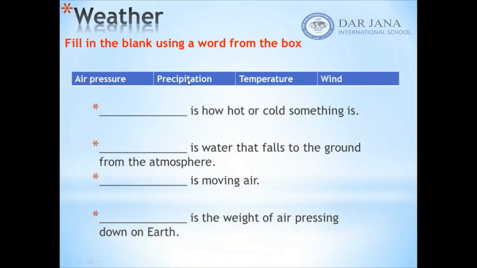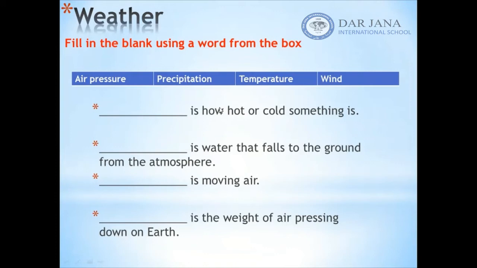Wind, we say it's windy. You see that the wind is blowing the trees, blowing the flowers, and it's moving things. So wind is the moving air. You can make wind, you can blow now, and you can see that the air that comes out of your body can move a paper, can move your pencil, so this is moving air.